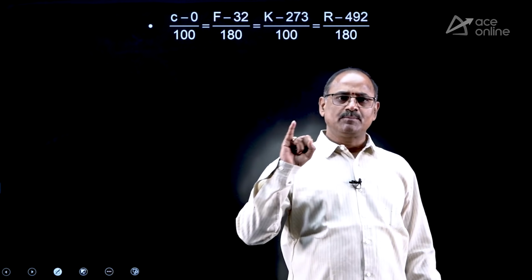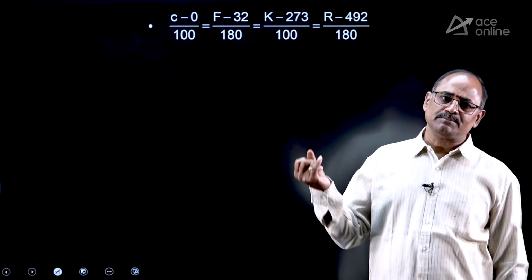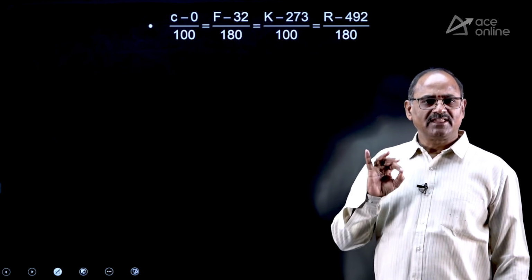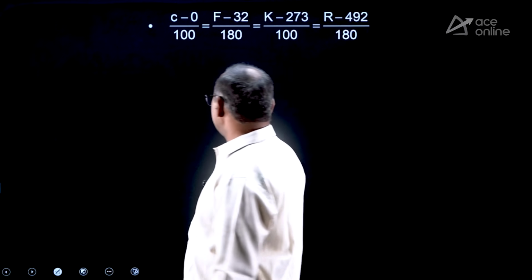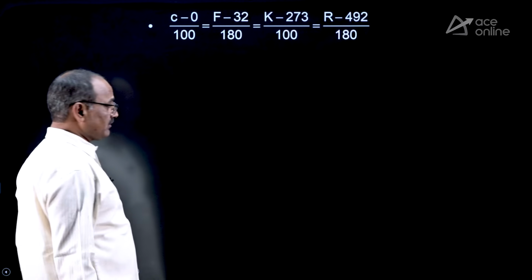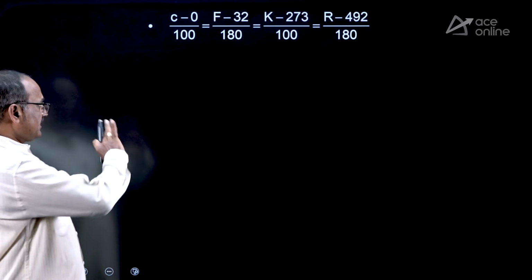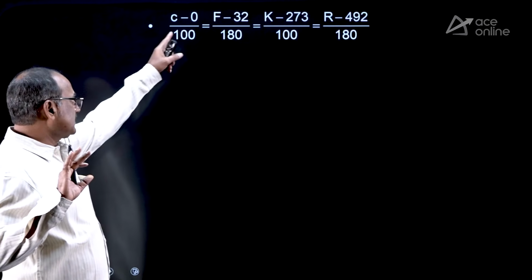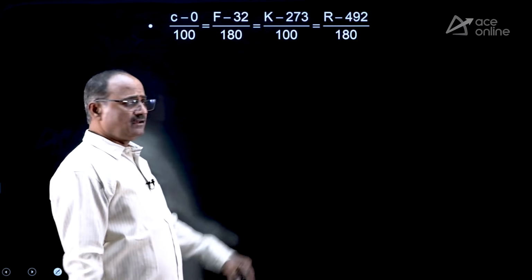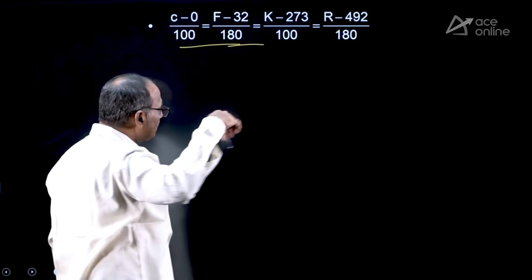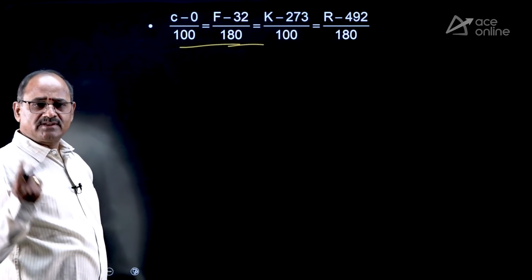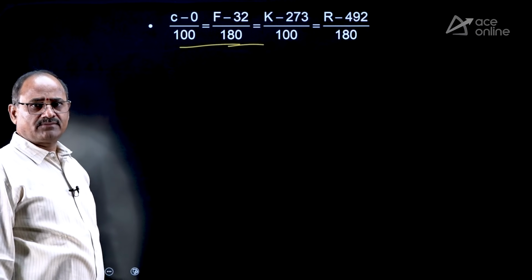One is the boiling point of water, that is the upper fixed point, and the other one is the freezing point of water, that is the lower fixed point. This relation we have already clearly discussed in the classroom. This is the relation between the centigrade, Fahrenheit, Kelvin and Rankine scales. Try to remember this relation for converting from one temperature scale to another.